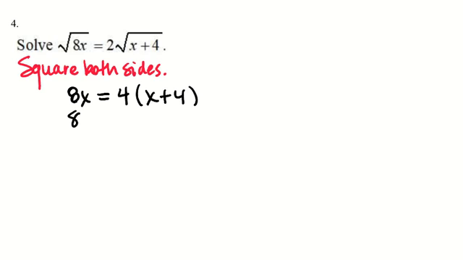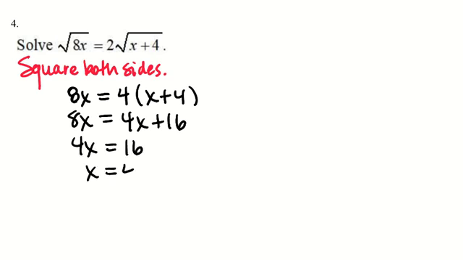Right, so I've got 8x equaling 4x plus 16. I subtract 4x. You get 4x equals 16, and x is 4. Okay. Now you want to check the solution because you squared both sides.